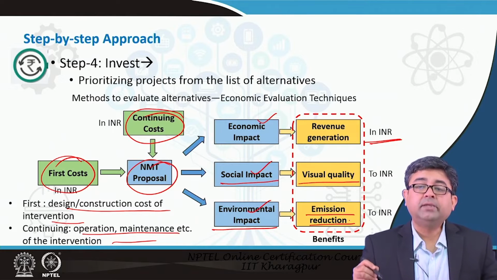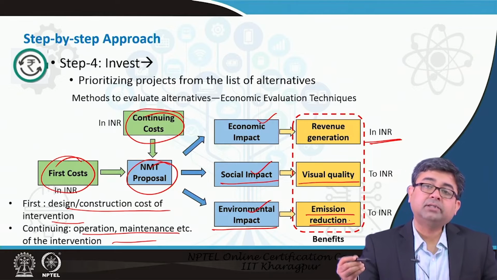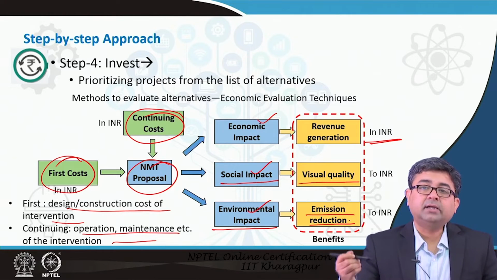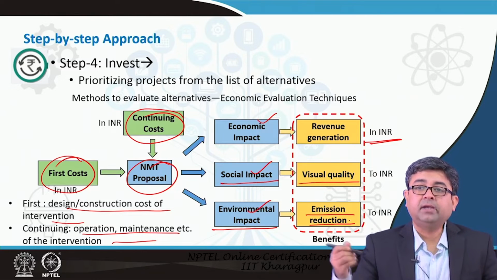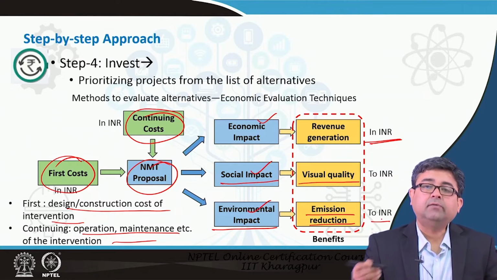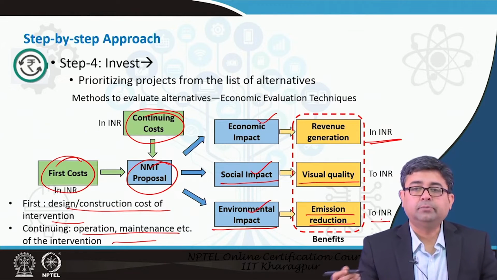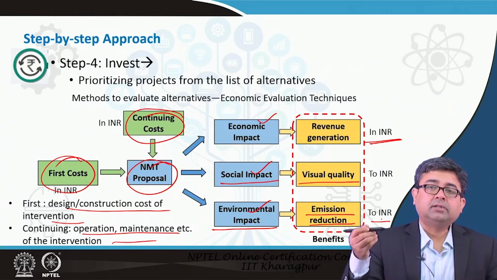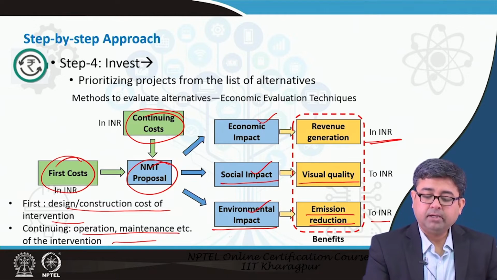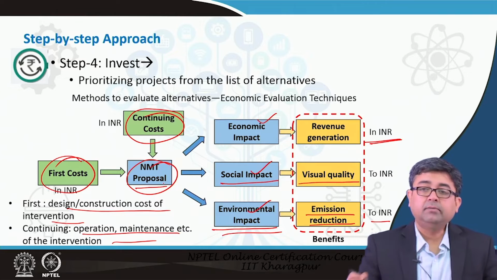Emission reduction we can quantify, how much carbon dioxide or carbon monoxide reduction is happening, but as a result of that reduction, how is it benefiting cost-wise or monetarily, how is it benefiting the users? Maybe the health of the users is improving. As a result, the health costs are reducing. So, that may be a way to monetize the environmental impacts of an NMT proposal.